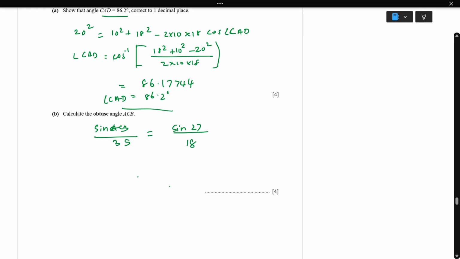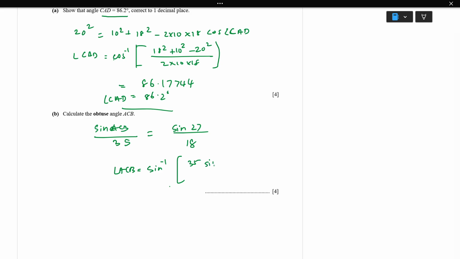So angle ACB equals sine inverse of 35 times sine 27 over 18, which is 61.97.